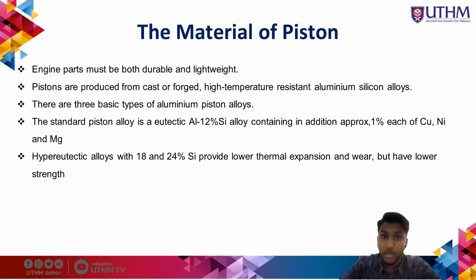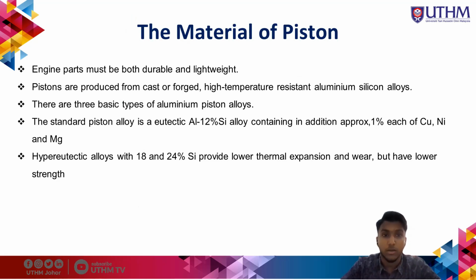Next, the material of piston. The piston must be durable and lightweight, because pistons are produced from cast or forged high temperature resistant aluminium silicon alloy. There are three basic types of aluminium piston alloy.